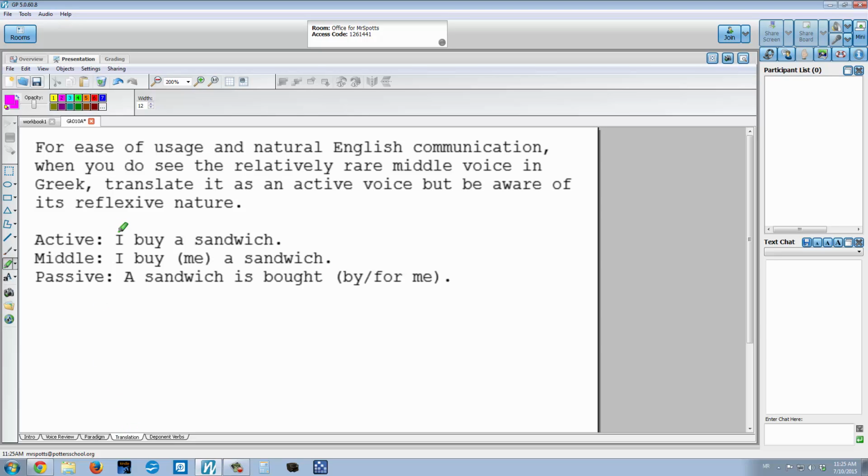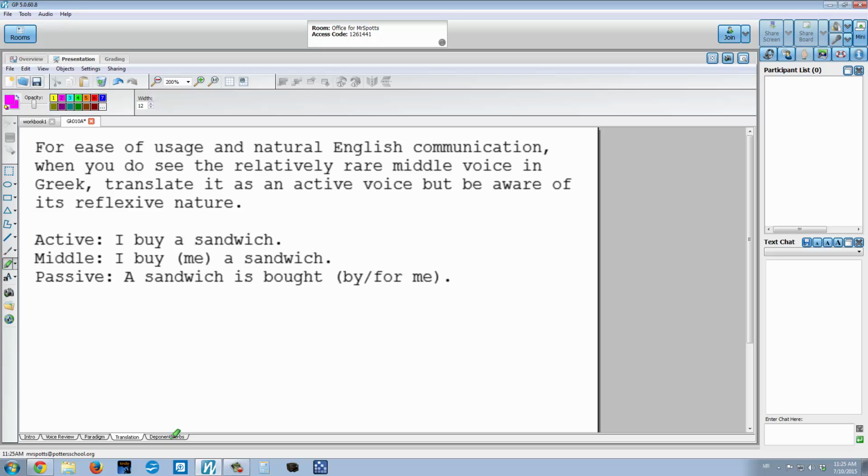Again, active voice, I buy a sandwich. Middle voice, I buy me a sandwich. You see, I have every intention of eating the sandwich. If you want a sandwich, you get to make it. All right, and the passive voice, a sandwich is bought by me or for me. There we go. Active, middle, and passive.